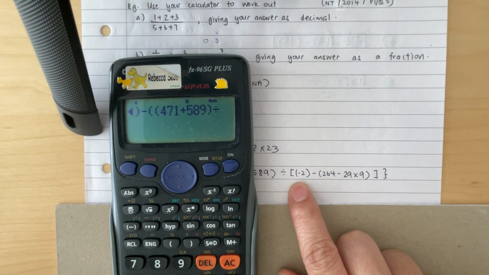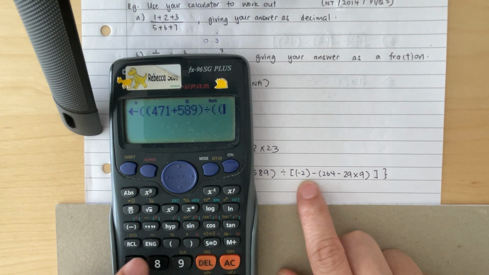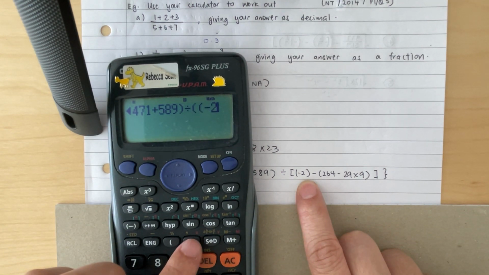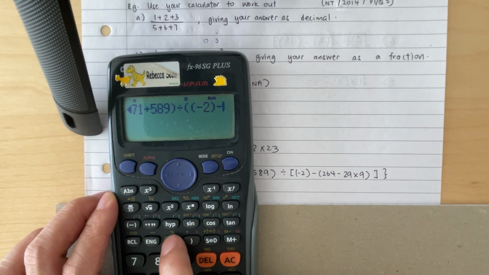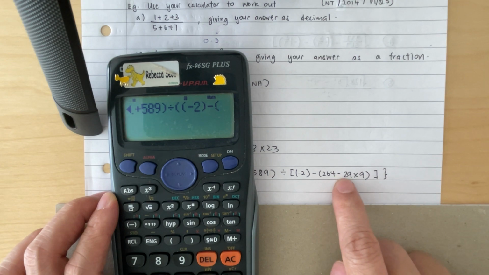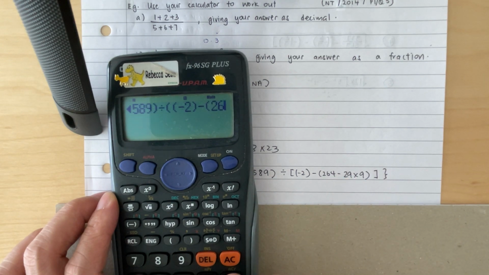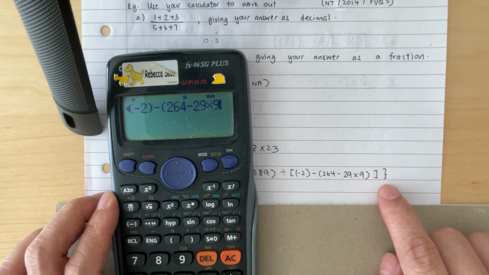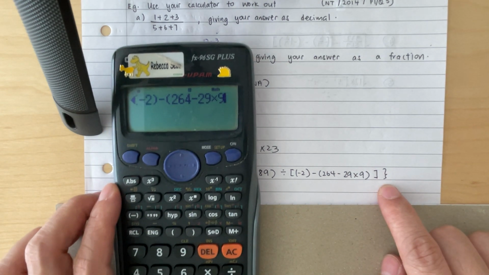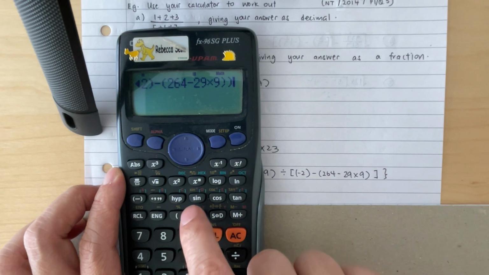Okay, so with 2 brackets, minus 2, close bracket, minus, okay, open bracket, 264 minus 29 times 9. How many brackets to close it up? 3. So 1, 2, 3.